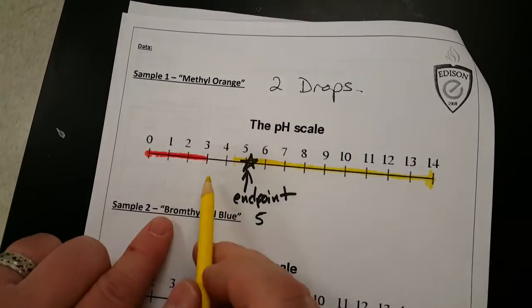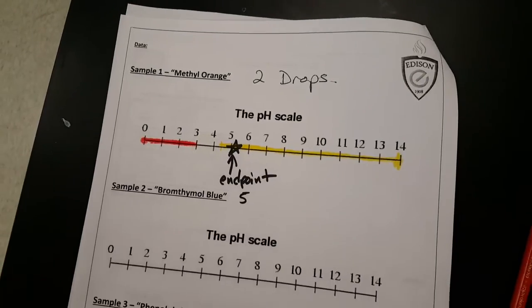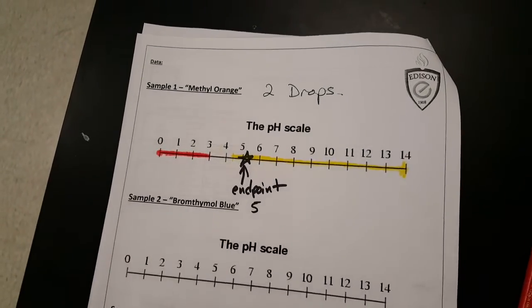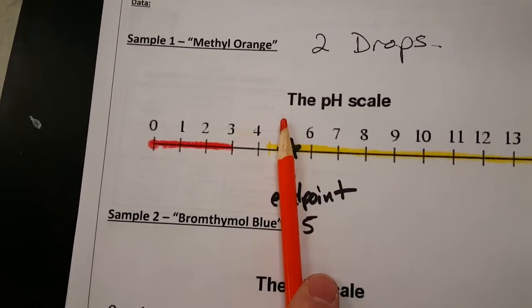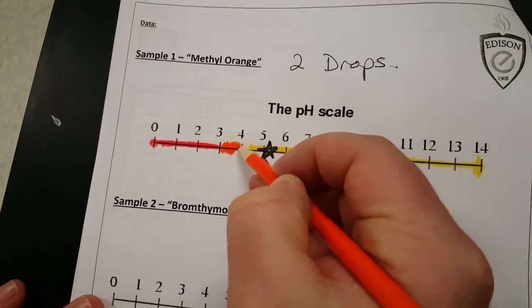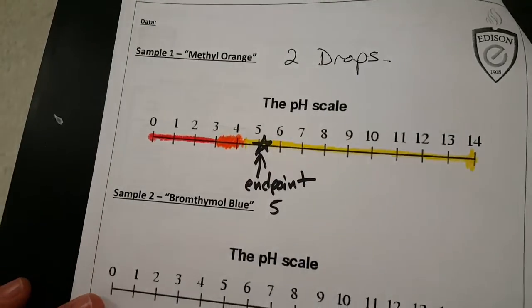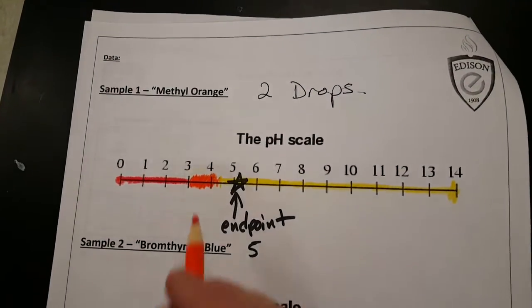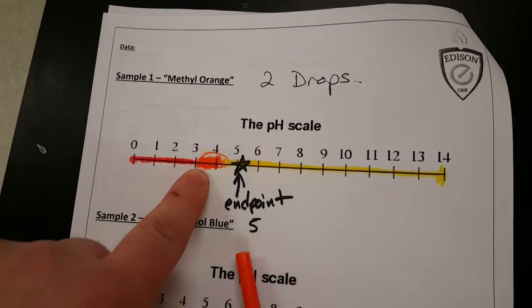Mr. Milks, what should I do for this little area there that was so hard for the camera to pick up? If I mix red and yellow together, I'm going to get orange. Okay, so that's difficult to see.